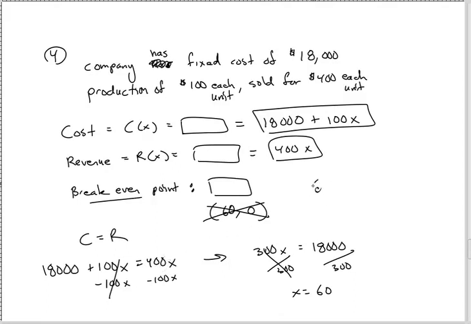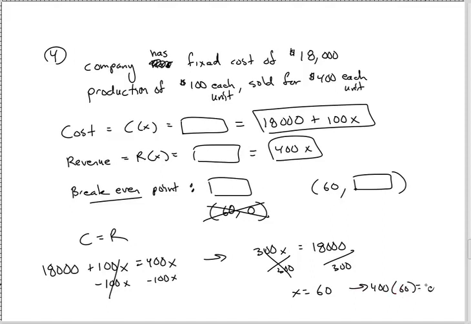They don't want net. What they want is some kind of dollar amount that has gone through the company's pockets. I know that sounds weird, but essentially, all you're really doing is taking the 60 and you're going to plug it into either one of these. That's it. I'm going to plug it into the bottom one because it's very easy. 400 times 60.